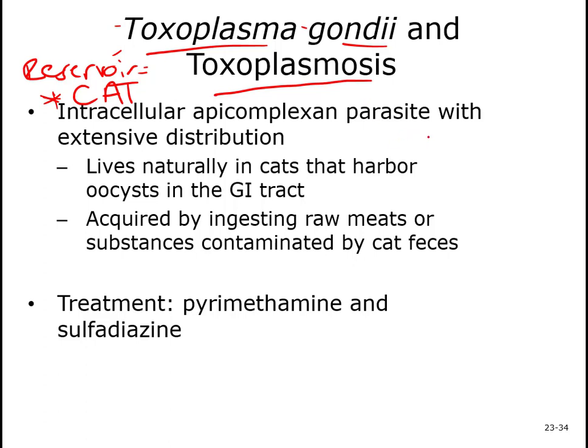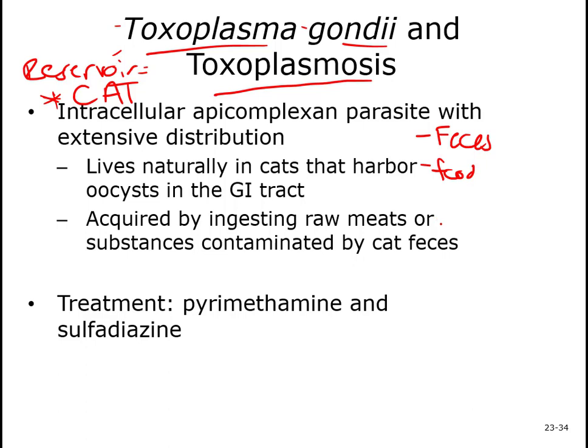If you have a cat and you clean the cat's litter box and you come in contact with the cat feces, that's one way. The second way is if you're ingesting food that the cat feces is in. And if you're a cat owner, this is actually pretty common because your cat uses the litter box and then your cat walks onto the kitchen table or whatever surface, and then you didn't wash your hands or you didn't wash the table or whatever, and you eat the food, you can ingest the cyst.